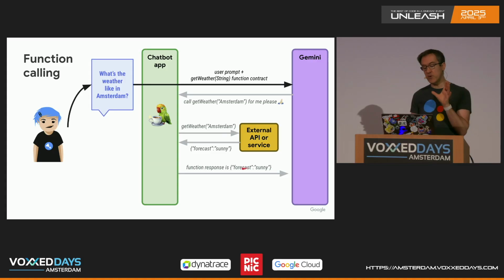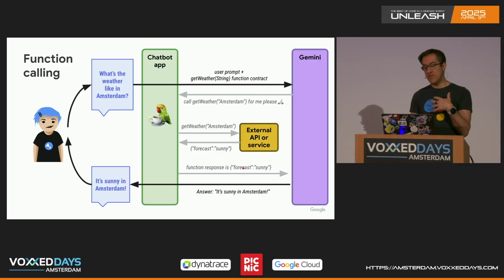I called the function for you. Here's the answer that I got. Then the LLM is able to answer, it's sunny in Amsterdam, and you pass the response back to the user. All the gray arrows here in the middle are not seen by the user. The user just sees the initial question and the final answer.